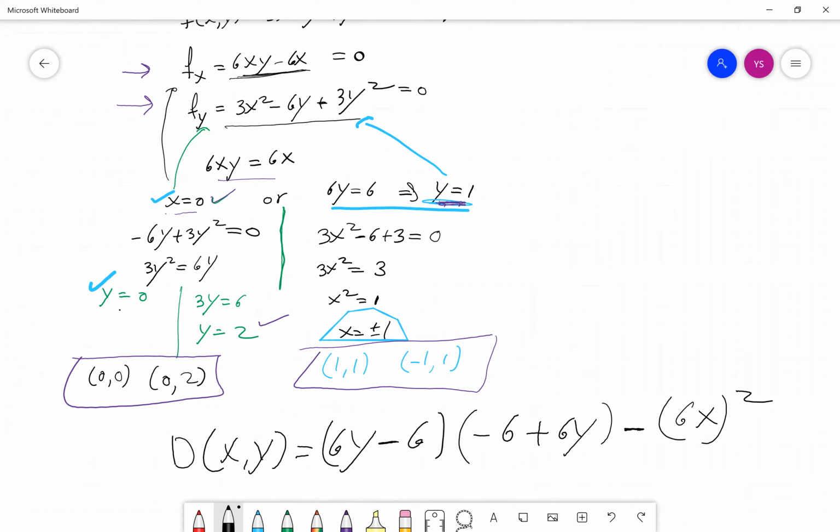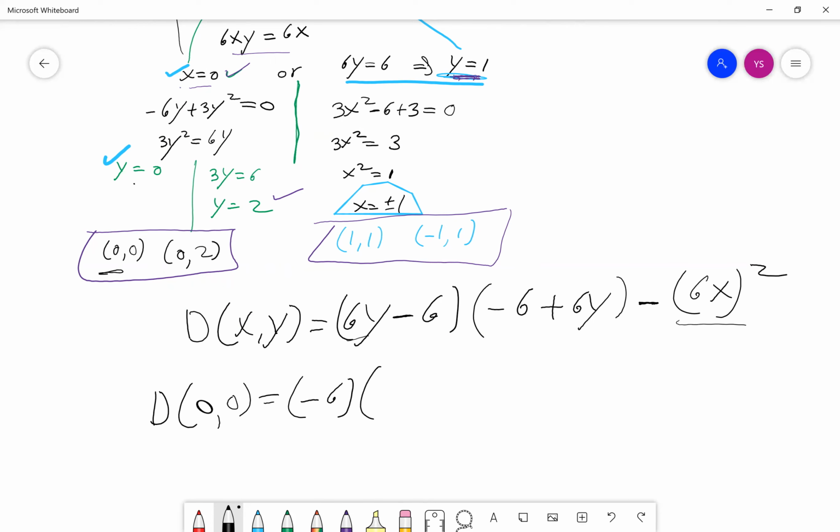So what is the first one? D of 0, 0 is going to be, so this part is 0, and this is 0. So negative 6 times negative 6, which is equal to 36, which is bigger than 0. So if we have something that's bigger than 0, we check the first partial.